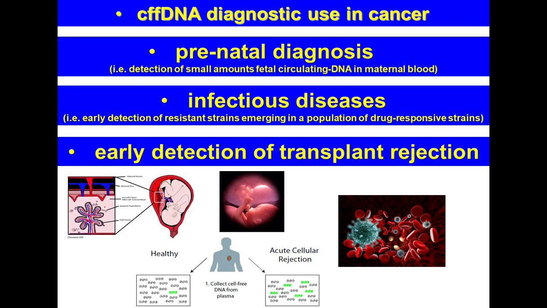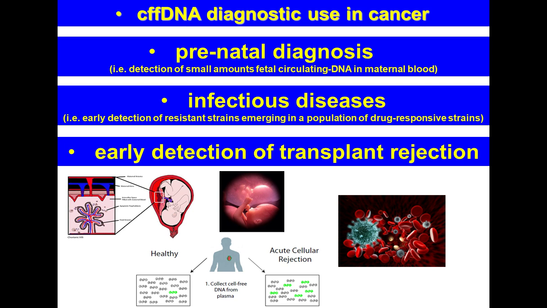Now, in addition to applications of low-level mutations and liquid biopsy in the field of cancer, I would like to mention that also in medical applications like prenatal diagnosis, infectious diseases, and in detection of transplant rejection, which are all done via detecting circulating DNA in blood.